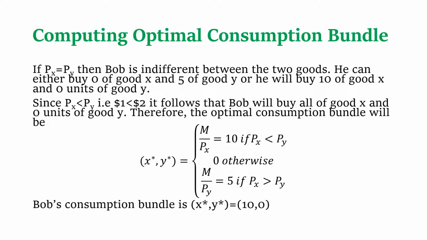All of good 1, and none of good 2. Simple. If the price of good 2 is smaller than the price of good 1, then the consumer is going to buy all of good 2 and none of good 1, right? So in that case, it's going to be M over P2. Got it?